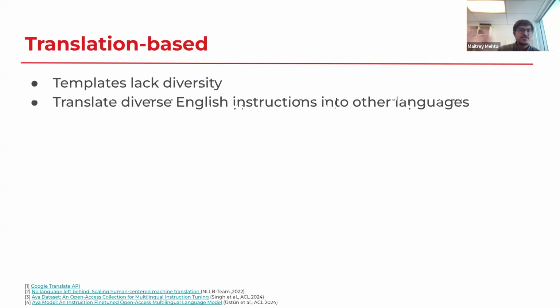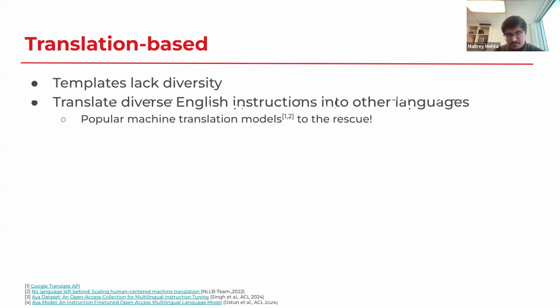So why can't we just use an off-the-shelf translator and translate each of these instructions into whatever language you want the data for, right? And you can use popular translation models like Google Translate or Facebook's NLLB and things like that, right?